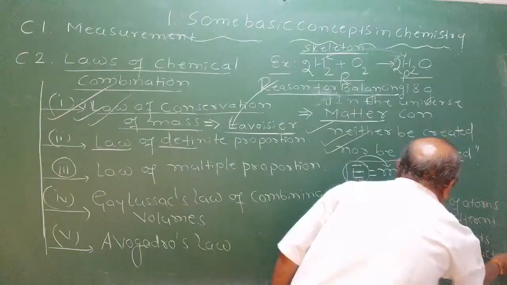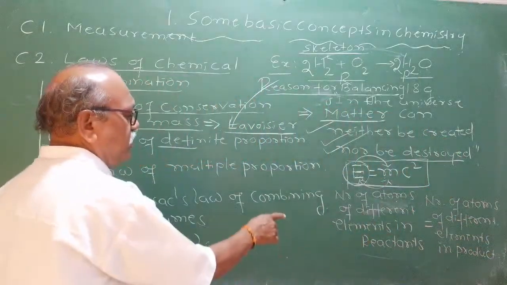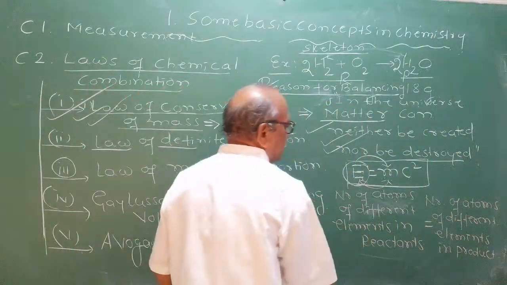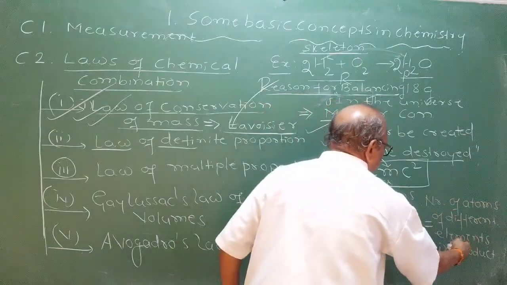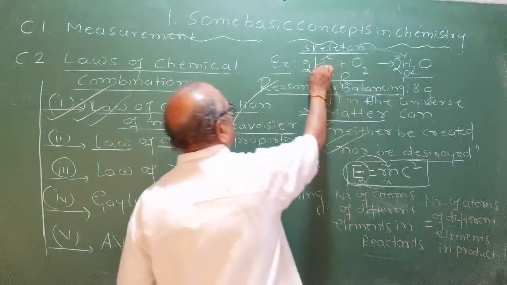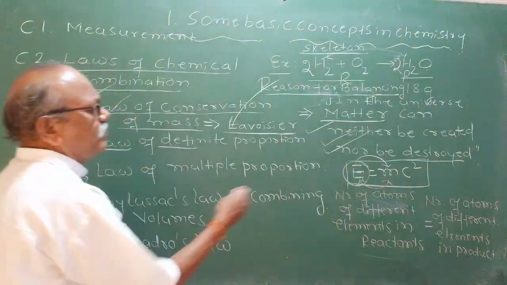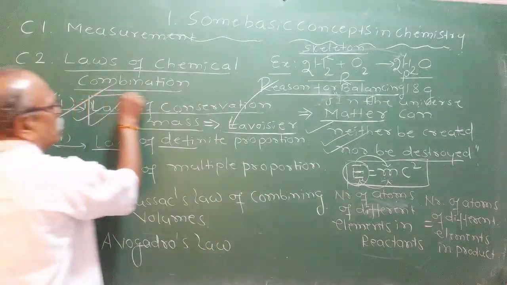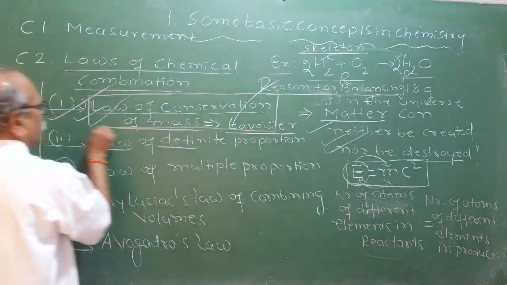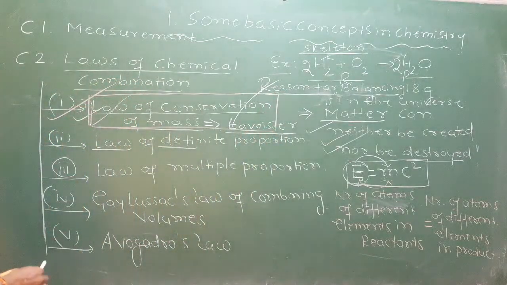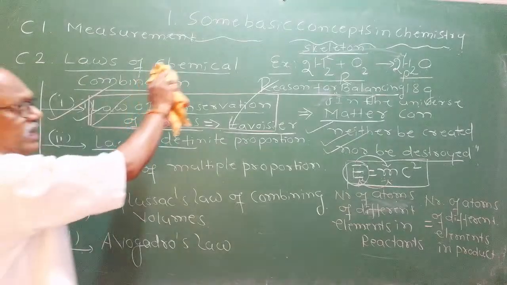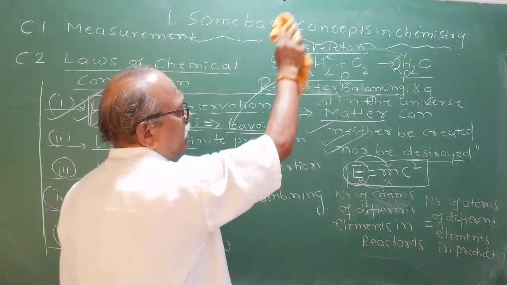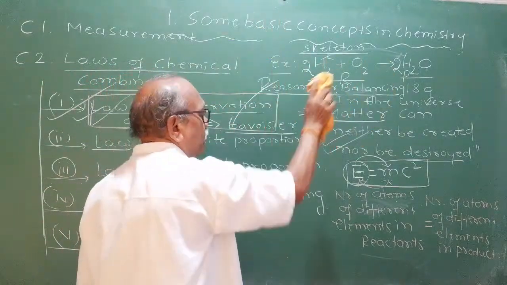In order to equalize the number of atoms of different elements on the reactant side and the product side, we call it balancing. That is what balancing is. And to be in accordance with this law of conservation of mass, any chemical equation, after writing the formulas of the reactants and the products, should be balanced.